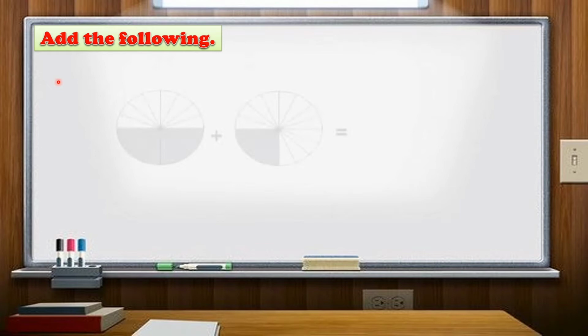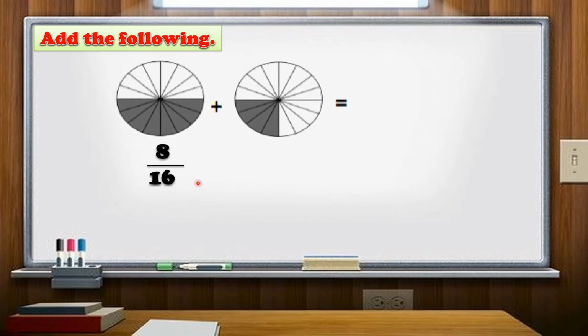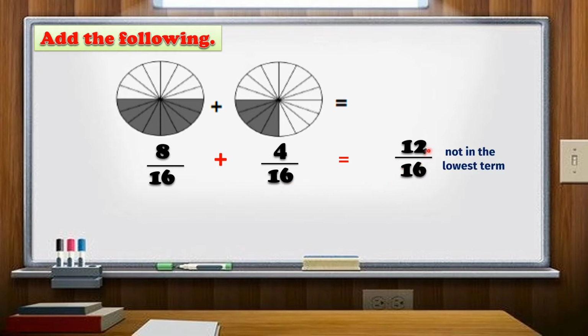Let's add the following: 8/16 plus 4/16. We're going to add the numerators. 8 plus 4 equals 12. Then copy the common denominator, which is 16. As we can see, 12/16 is not in the lowest term.